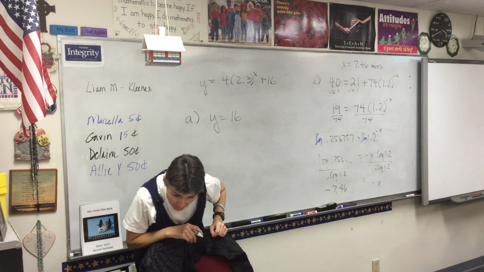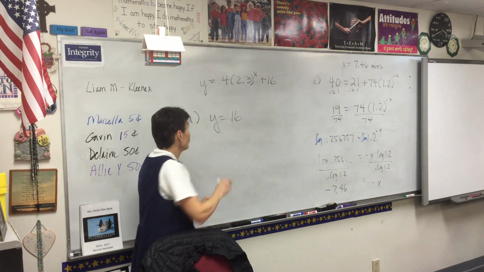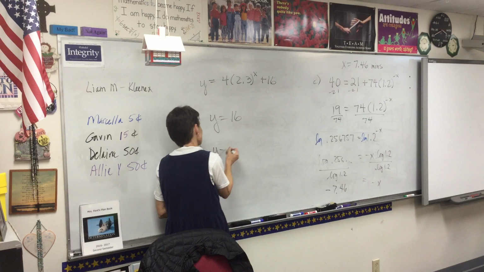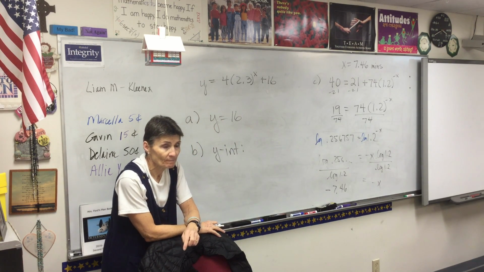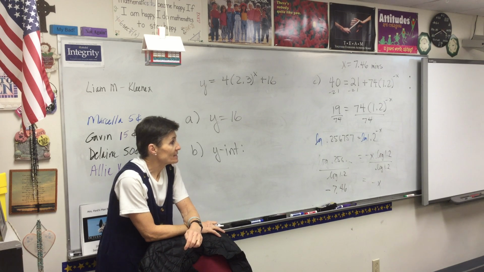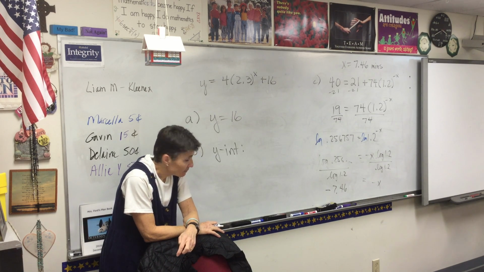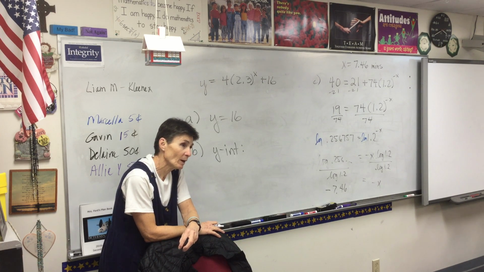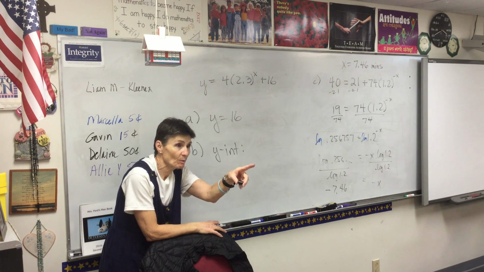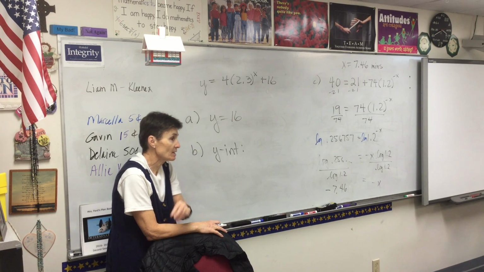All right, and then B, the coordinates of the point where the curve cuts the y-axis. That's their fancy way of saying what's the y-intercept. And I'm going to be ticked off if nobody can tell me how we find the y-intercept. How do we always find the y-intercept? Plug in 0 for x. That's exactly right. Thank you, Tori.